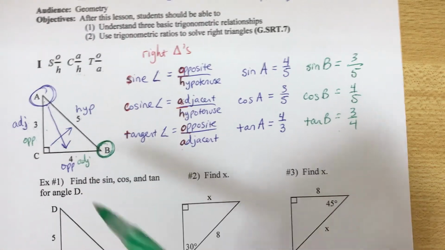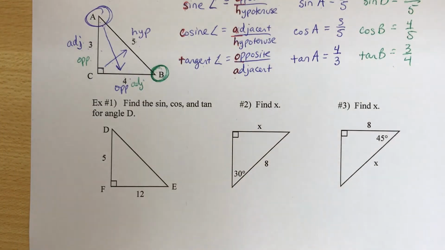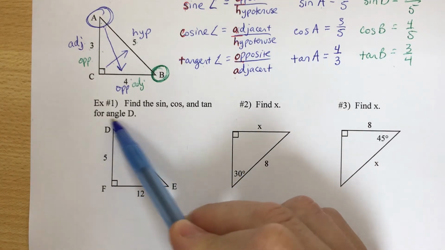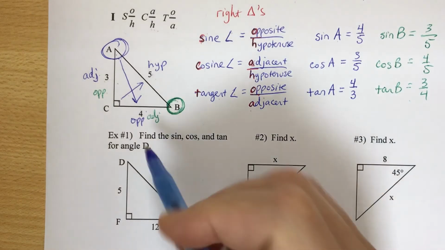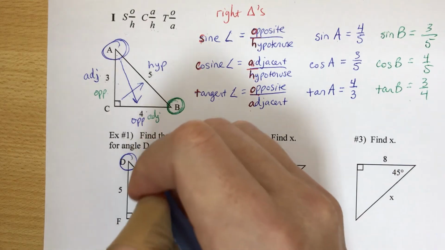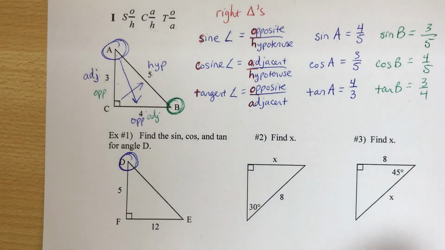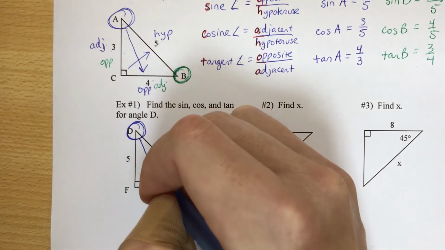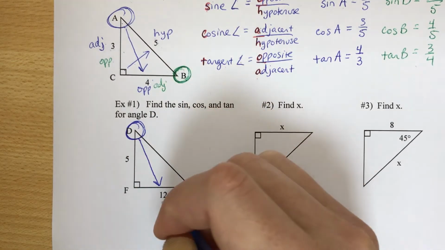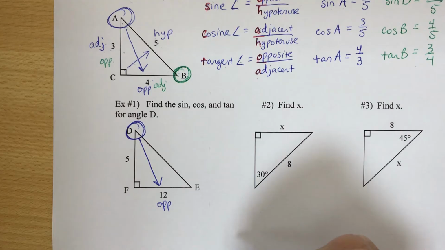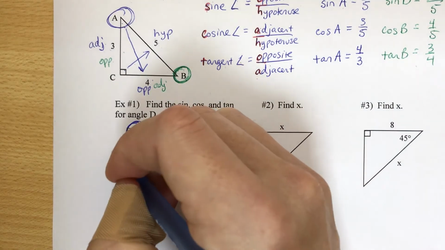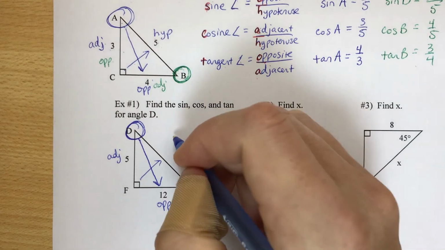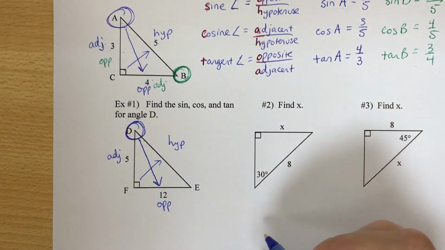Okay, so let's do an example here. Let's take number 1. Find the sine, cosine, and tangent for angle D. Now, one thing you're going to see me do is I'm going to circle the angle that I'm using. So there's angle D. The opposite, if I draw my arrow, the opposite length would be 12. The adjacent will be the other leg, 5. Now, the hypotenuse right now is blank.